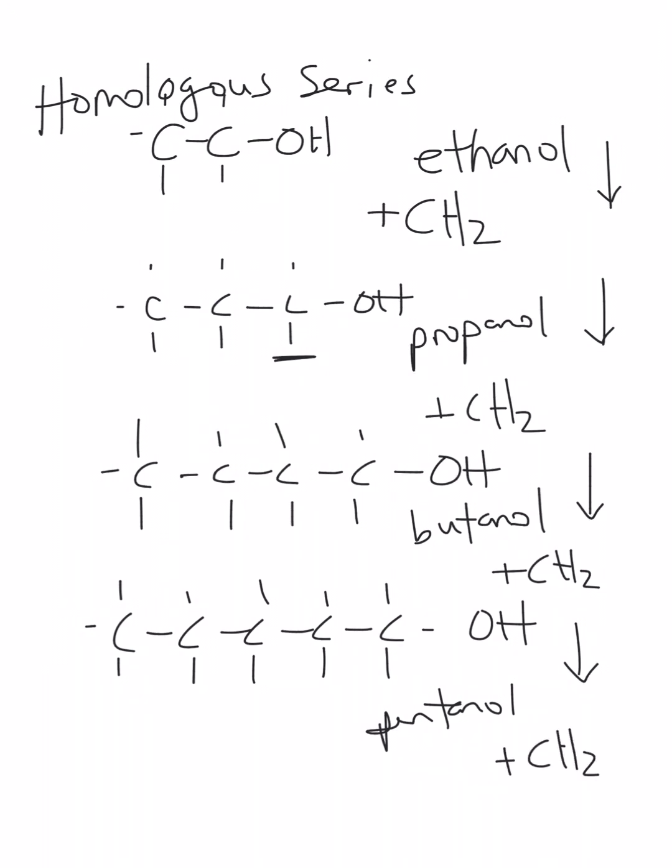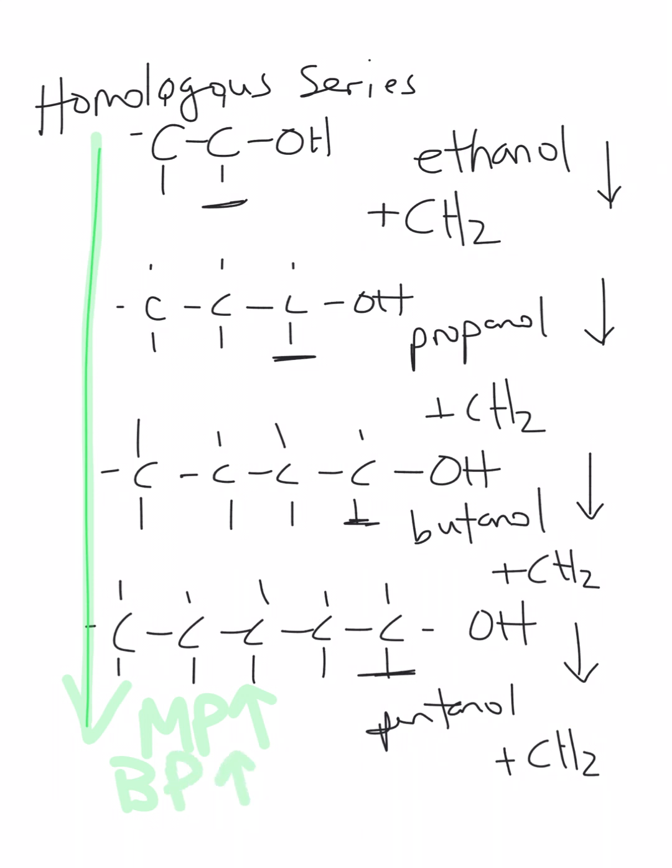As you progress through a homologous series of pretty much any organic compounds, and alcohols can be representative of that, you're going to see, as you go from smaller to larger, that the melting point and the boiling point increase. Why is that? As these molecules get larger, they have a greater dispersion force, or London force, between them.